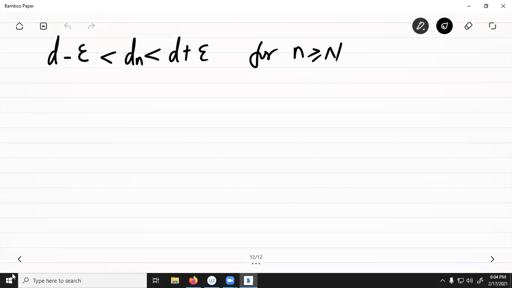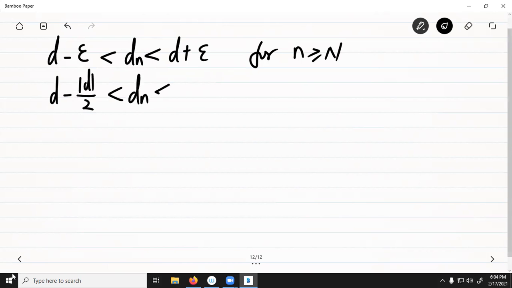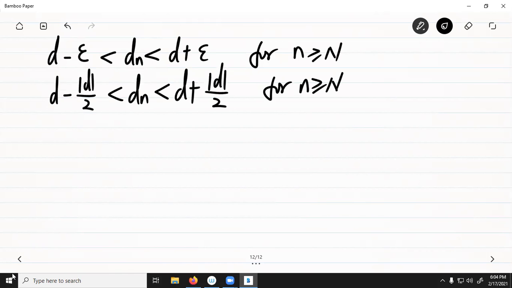Okay, so let's plug in D. So this is D minus the absolute value of D over 2 less than Dn, less than D plus the absolute value of D over 2, for n greater than or equal to capital N. Okay, let's get rid of the absolute value sign. Remember, D is negative, we assumed D is negative.